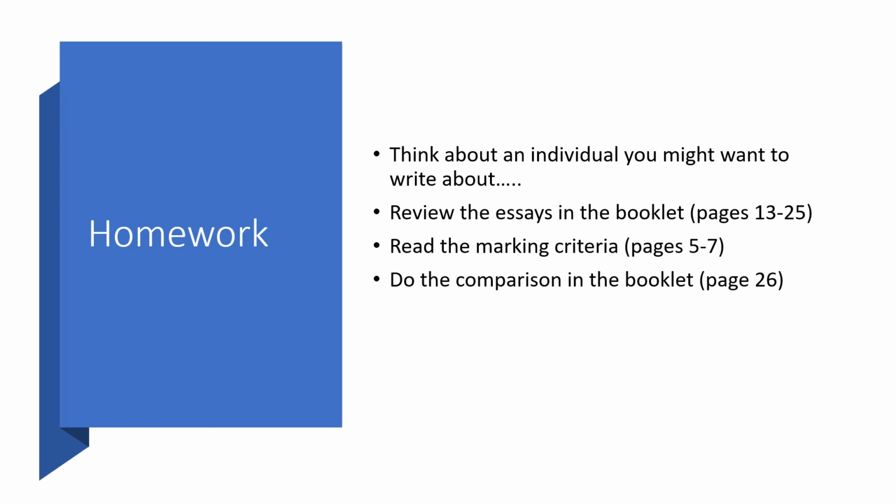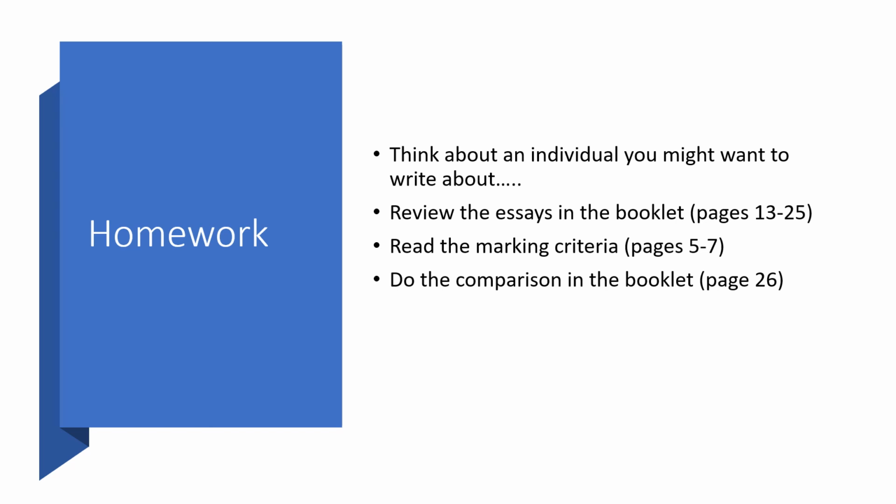Okay, so I'm sure you're feeling pretty confused by now. I advise you to have a look in the booklet and think about an individual you might want to write about. Have a look at the essays in the booklet, including the one we've just gone through. Read the marking criteria very carefully and do the comparison exercise in the booklet.